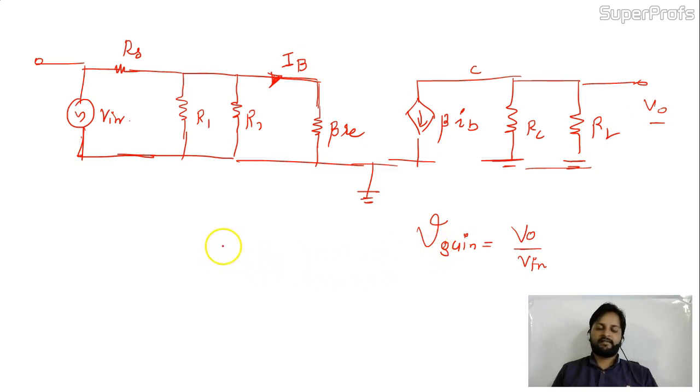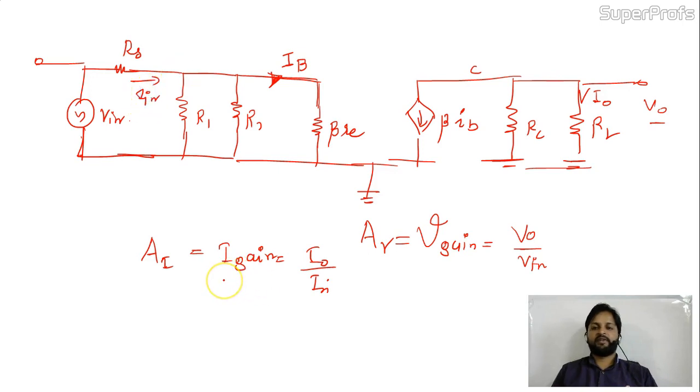They can also ask to find out current gain. Current gain is denoted by AI, and this is denoted by AV. So this will be output current upon input current, the output in the circuit and the input in the circuit. Is it okay? It's like this.